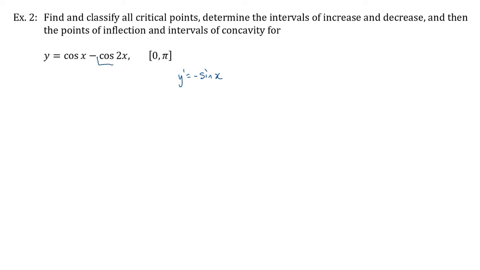Derivative of cos is negative sine, but I already have a negative, so that's going to turn this into positive sine. So plus sine, angle stays the same, and then times the derivative of the angle. Okay, and I'm just going to rewrite this: 2 sine 2x minus sine x.